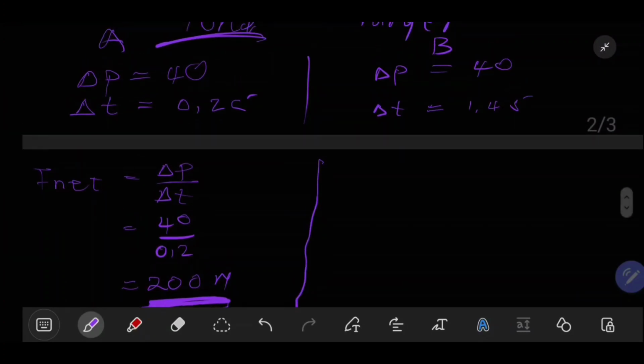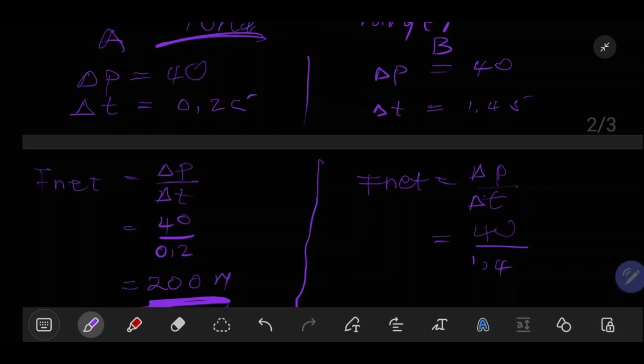Okay, so if we do similarly for car B, it means that F net will be equal to change in P over change in t. So our change in momentum will stay the same because we want to see the effect of time on the force of impact. So now we're going to divide that by 1.4.